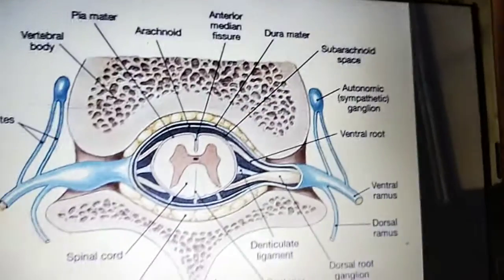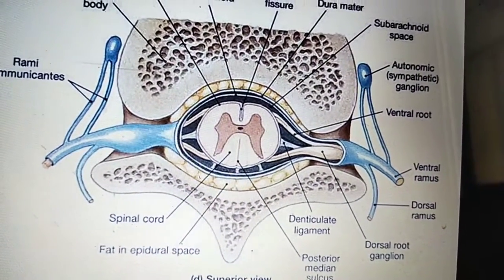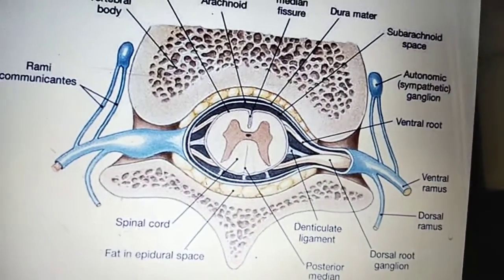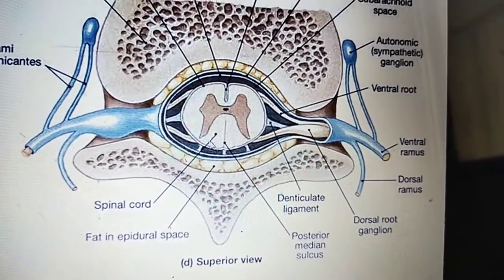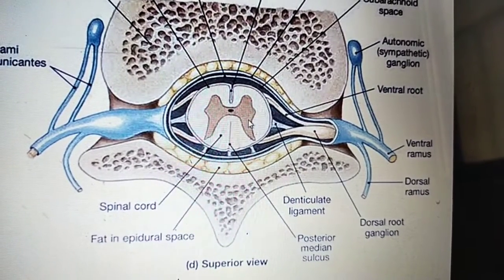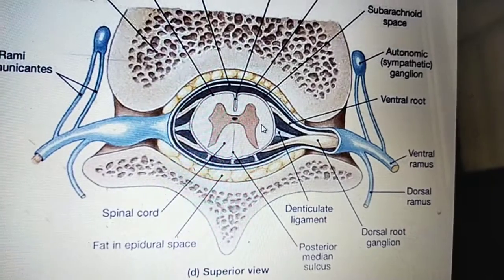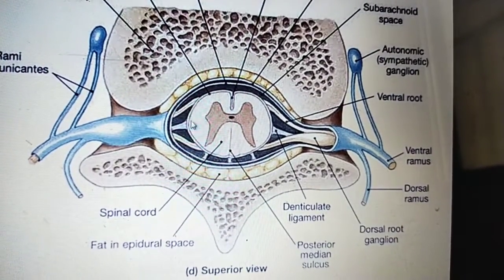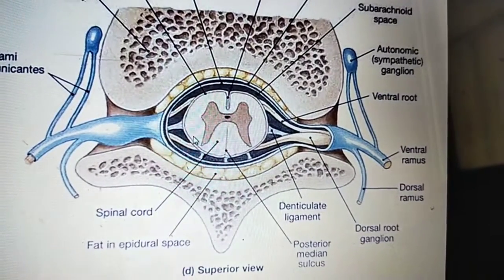In this you can easily see how the spinal cord is present in the spinal canal. This is a cross section of the spinal cord, and this is the gray matter, and this is the white matter. That white matter is covered by the meningeal layer, that is the pia mater.